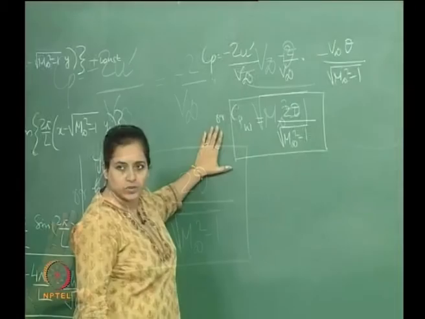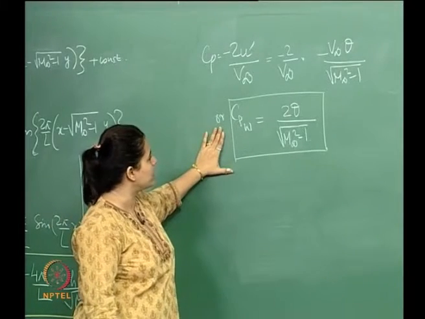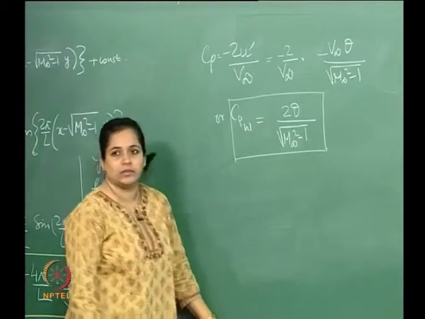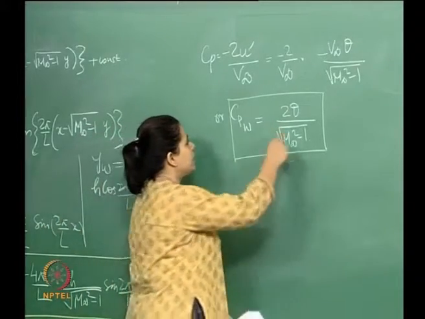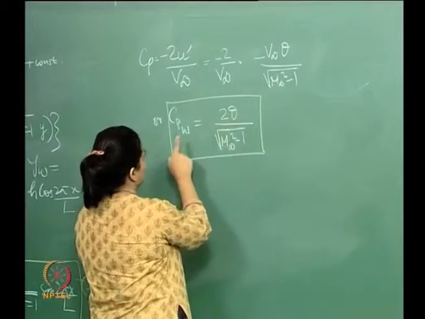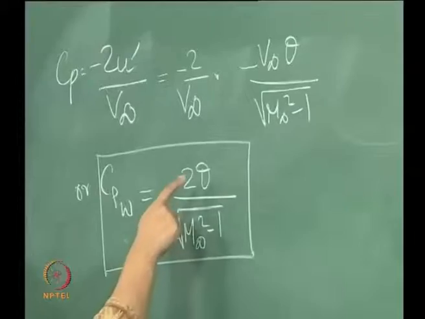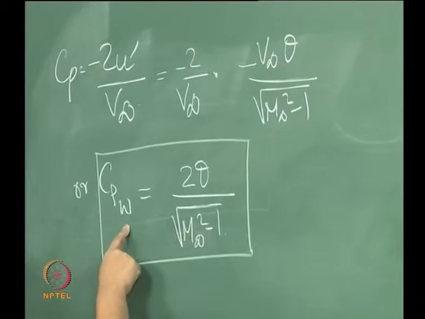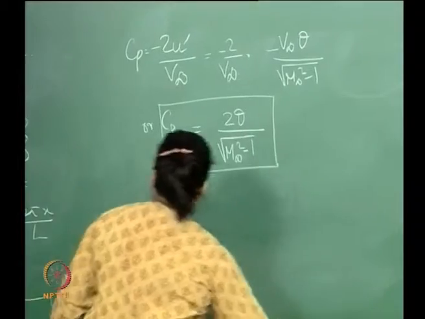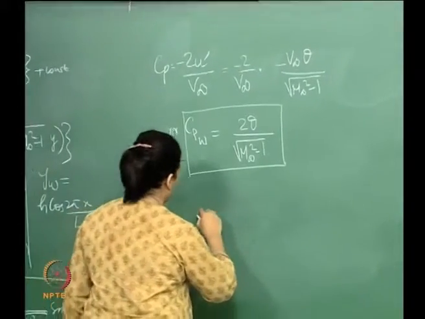Now this is very interesting, because let us take a look at this. If this theta is positive, we get a positive Cp at the wall, and if this theta is negative, then we get a negative one here, which means what? Let us draw a wall here.